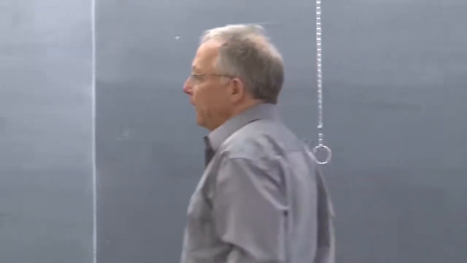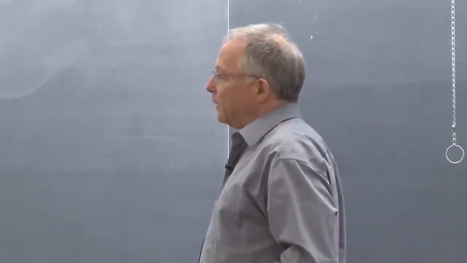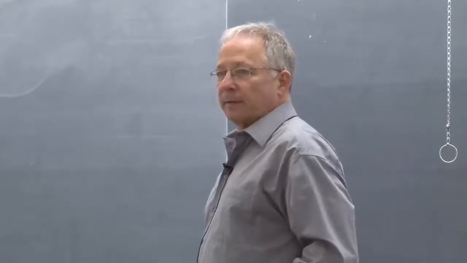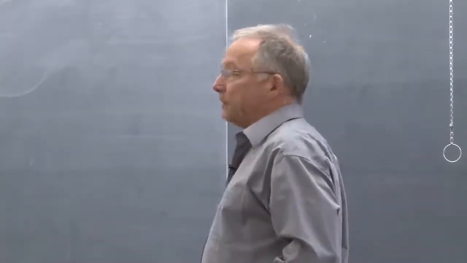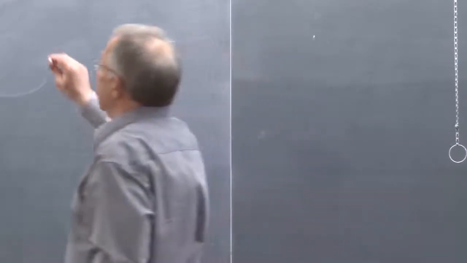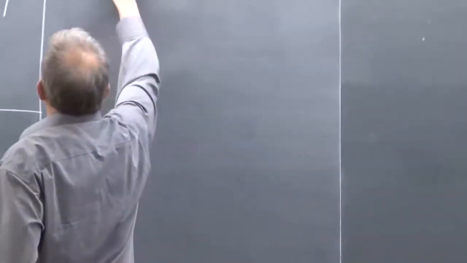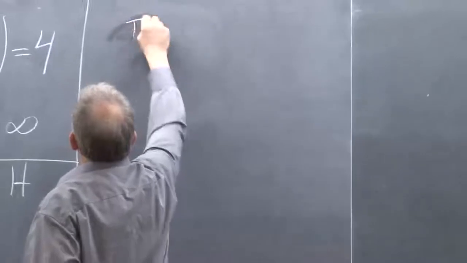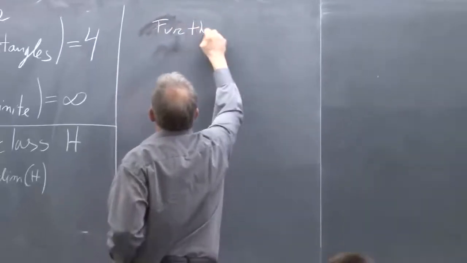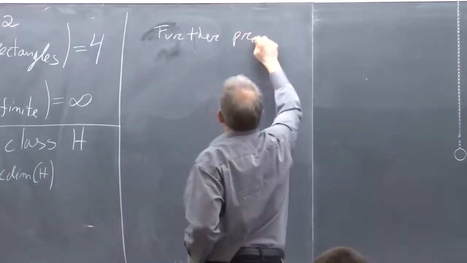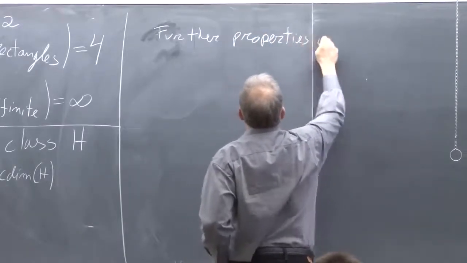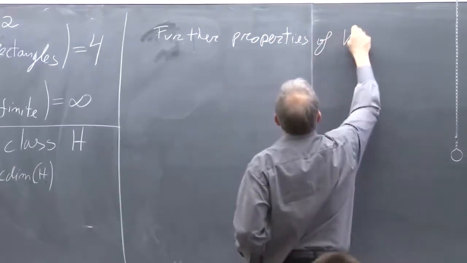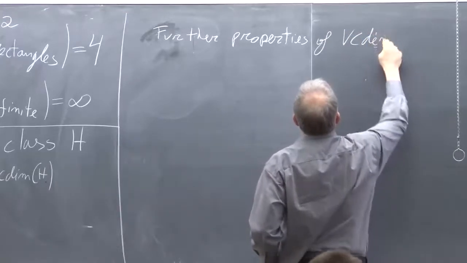So clearly, this inequality is not tight. Now, there are many other properties of VC dimension. I will list some of them, but I will leave the proof to the assignment. So some further properties of the VC dimension.